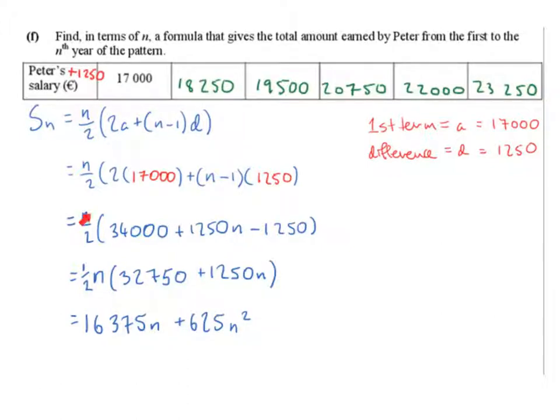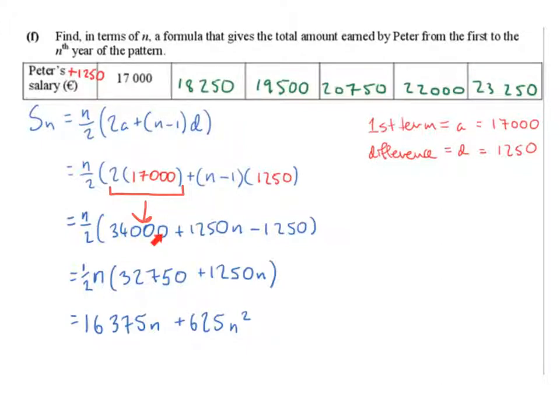So then in the next step, the n over 2 stays the same. Then 2 times 17,000 becomes 34,000. And then n times 1,250 becomes 1,250n. And minus 1 times 1,250 becomes minus 1,250. So next, n over 2 will become a half times n, because n divided by 2 is the same thing as a half multiplied by n.